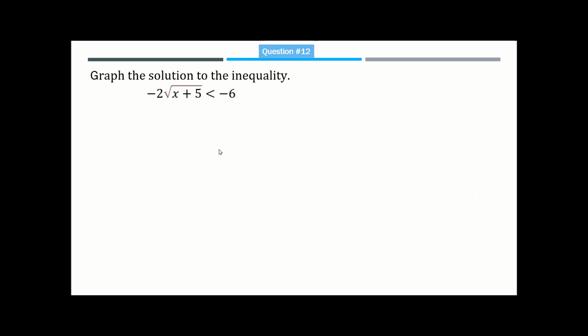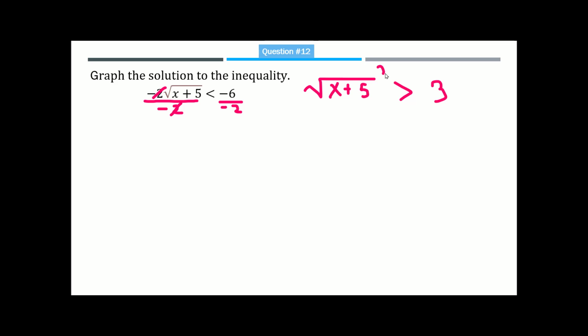All right, now we're going to graph the solution to the inequality, and I'm going to need to do something with that radical. So before I start, I'm going to divide through by a -2. Now that's okay as long as I remember to flip my sign. So that's just going to become a positive square root of x plus 5. The sign's going to flip. -6 divided by -2 is a positive 3.